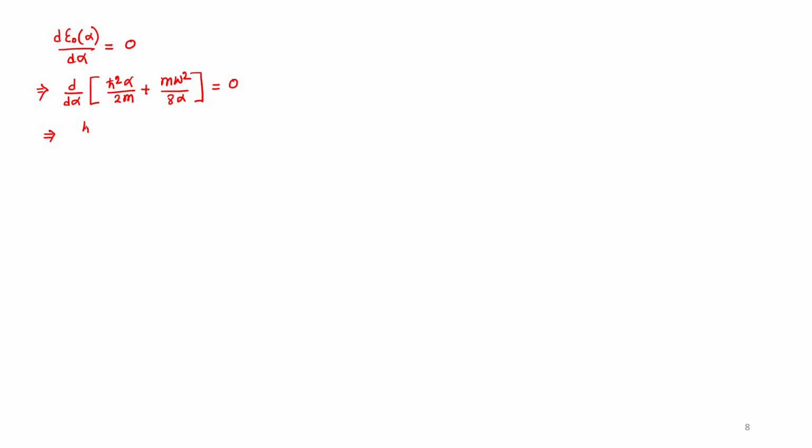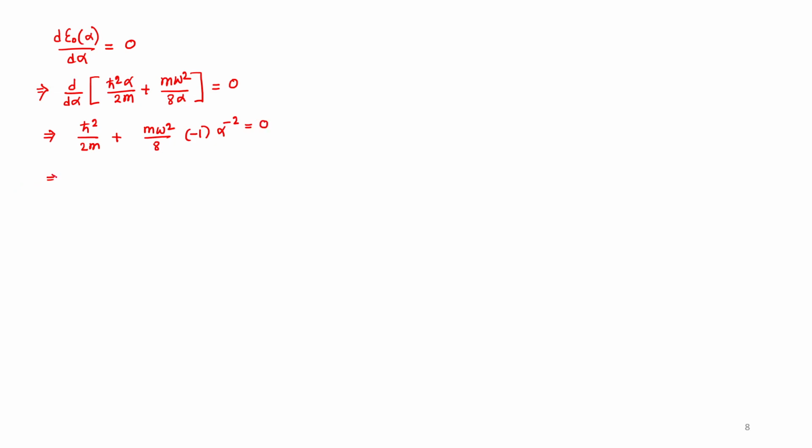So first h cut square by 2m is going to be given from here. Then m omega square by 8 is constant. Then we have alpha, therefore minus 1.